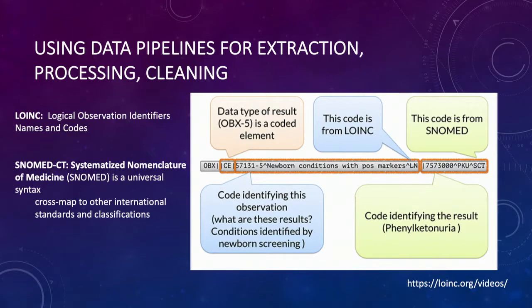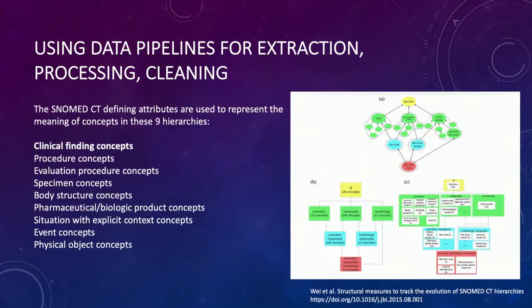And then that hands off nicely to SNOMED, which is this systemized nomenclature that it's really like the semantic standard for interoperability. But SNOMED has a bunch of complex relationships. To just give a high-level overview, there are 9 hierarchies with these meaning concepts. And so to talk about one, the clinical finding concepts.